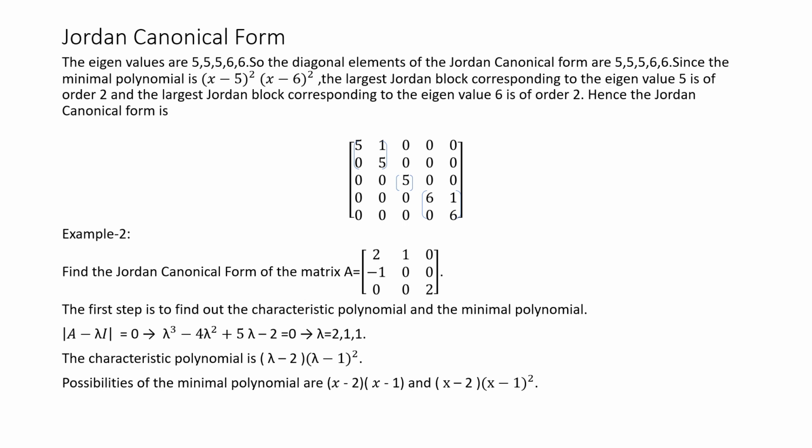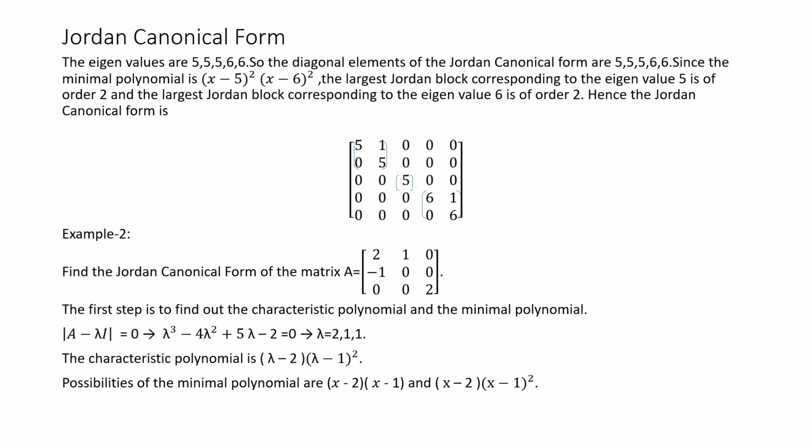To write a Jordan block of order 2, we need 2 diagonal elements. So corresponding to 5, the Jordan block is 5, 1, 0, 5. The remaining 5 will be treated as a Jordan block of order 1.